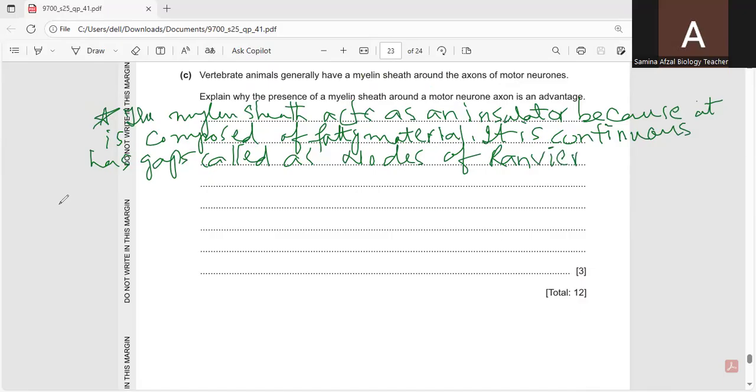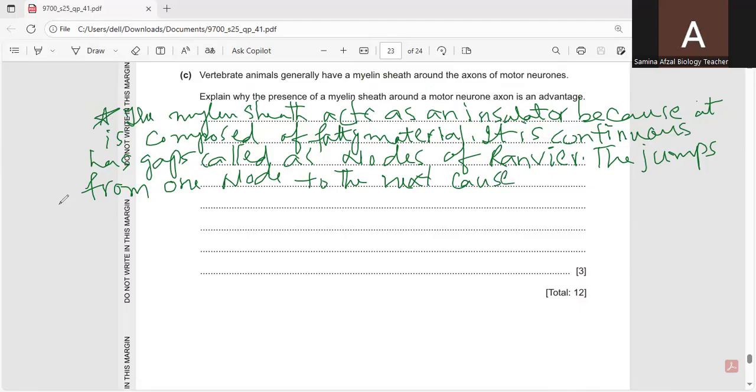The impulse jumps from one node to the next, causing a process called saltatory conduction.